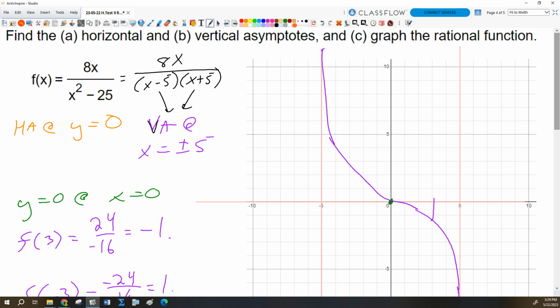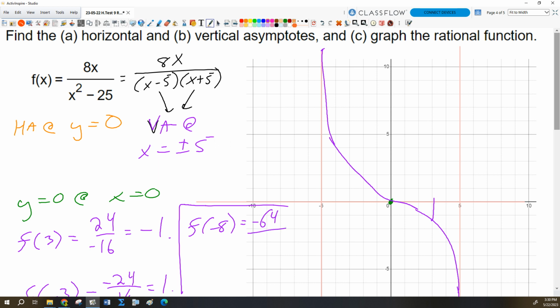Okay, what's it doing to the left of the vertical asymptote at negative 5? How would I know? Check a test point. What would be a good value? Negative 8? Sure, negative 8. Let's try negative 8. So if we go f of negative 8, that's going to give me negative 64 on the top, right?